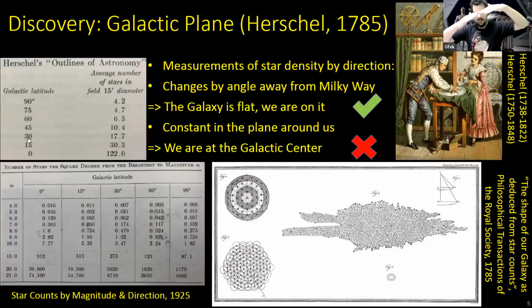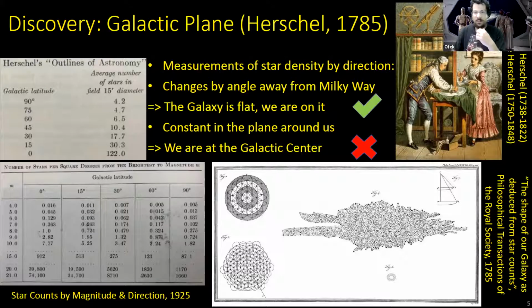That is, if you see the plane in the sky, you can take the angle either on the plane, that will be angle 0, or off the plane, up to 90 degrees, which is perpendicular to where we see the galaxy in the sky. And what he saw is that if he counts the average number of stars at different angles from the galactic disk, here given in a field of 15 arc minutes in diameter, then the density of stars grows when you approach the disk and diminishes when you turn away from the disk.